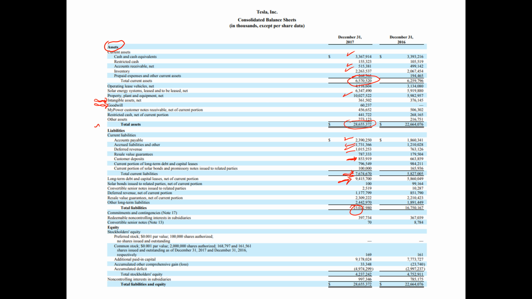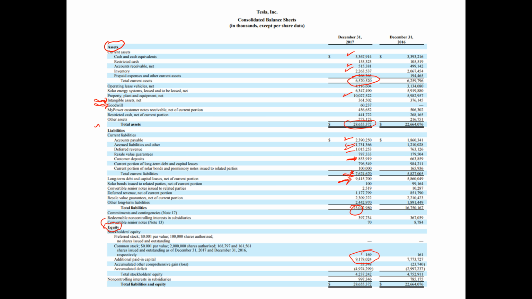Then finally, the leftovers, what belongs to the shareholders. If you see common stock and paid in capital, that represents what shareholders originally put into the business to get it up and running. So shareholders have put over 9 billion US into the business to get it up and running.